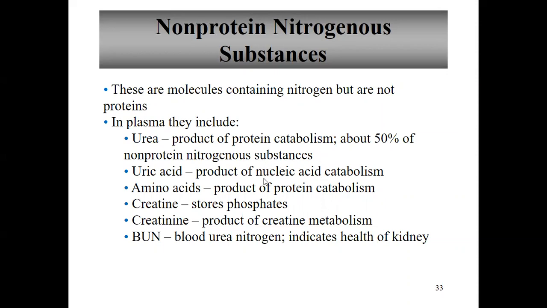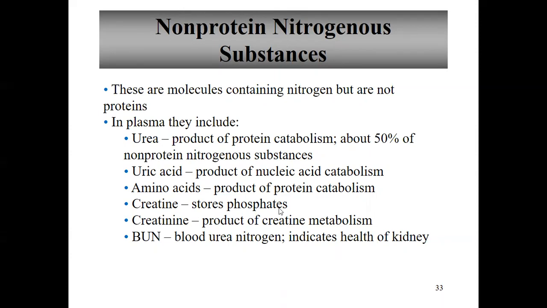That means you need to know where nucleic acid comes from. Amino acids are the product of protein catabolism. As I mentioned, amino acids are your building blocks for protein because protein had been broken down to give you the individual amino acids, and then you can take those amino acids and put them all together to form new proteins.